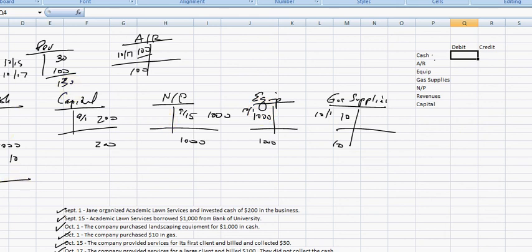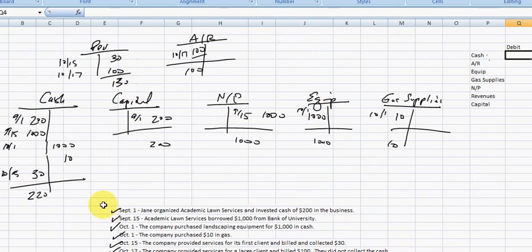So our cash was 220. AR was 100 from over here. Equipment was 1,000 debit balance. Gas supplies was $10 debit balance. Notes payable was 1,000 credit balance.